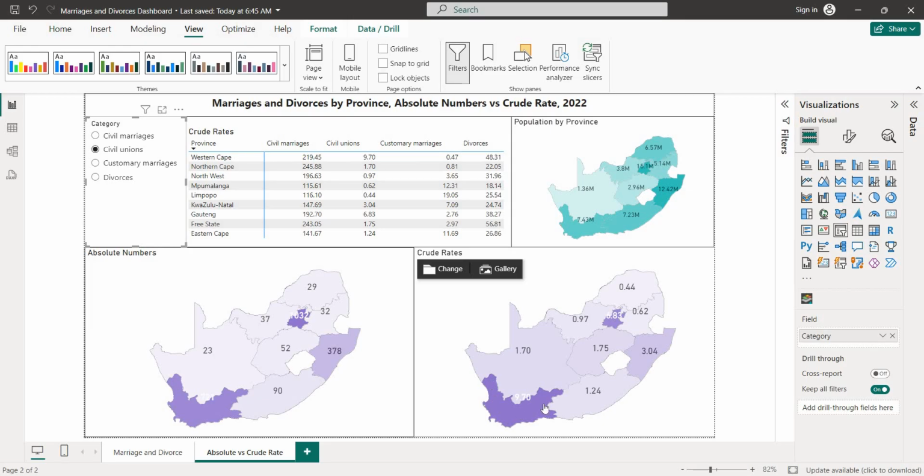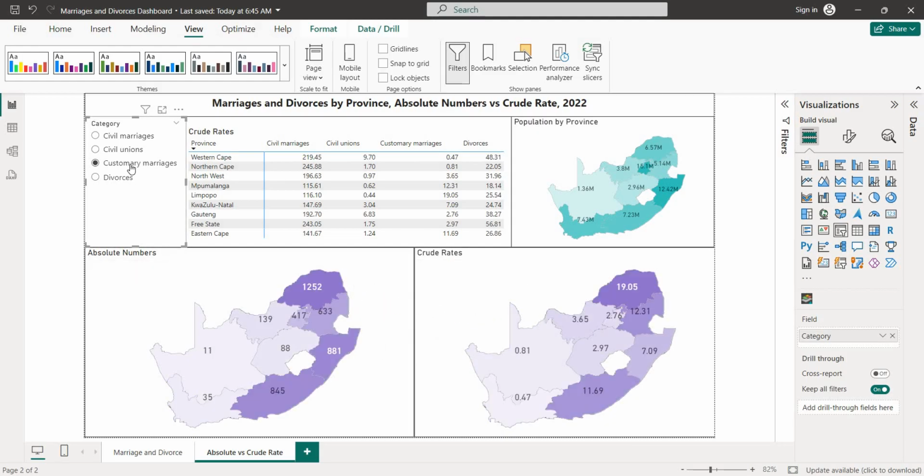Looking at crude rates, Gauteng and the Western Cape are still among the highest. Also, KZN still seems to retain its position. So absolute numbers and crude rates are in alignment here. Absolute numbers are not throwing us off.